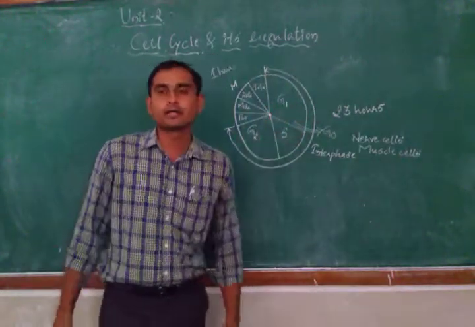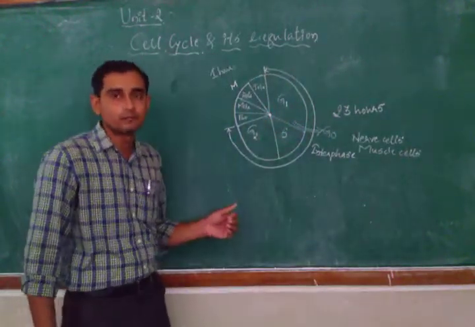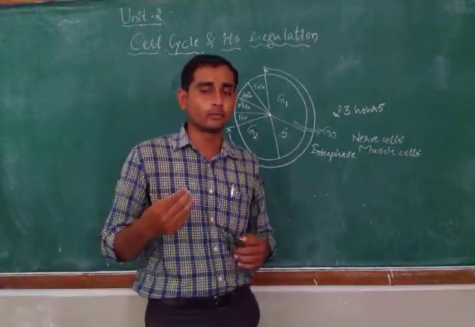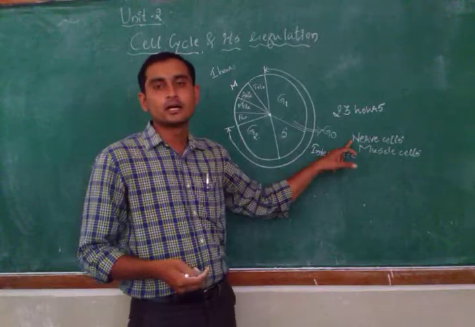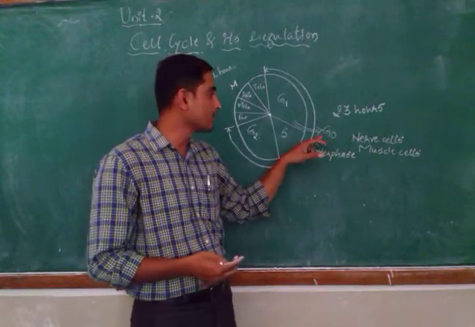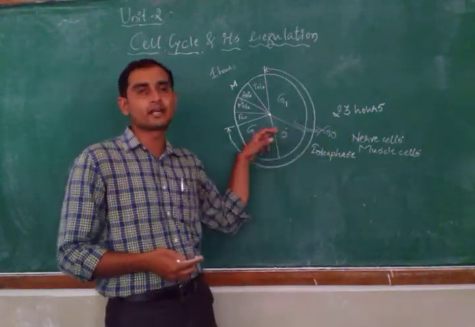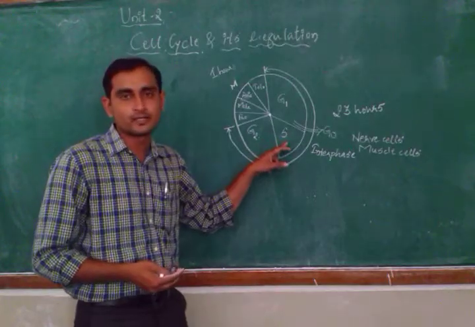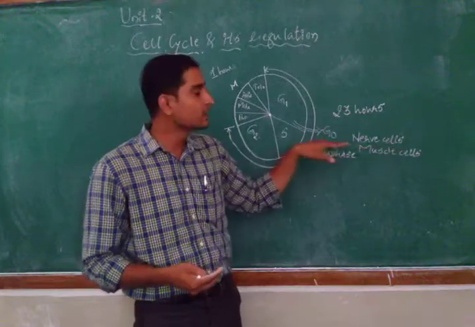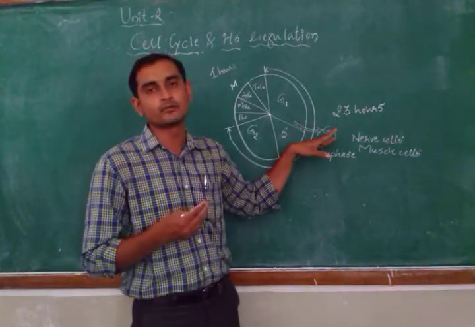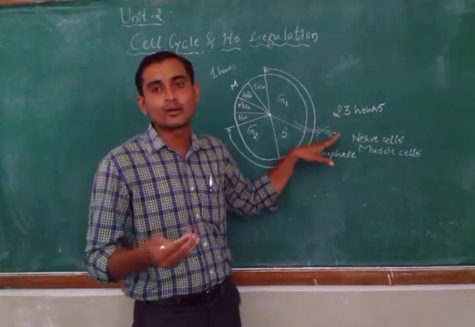Many times we have heard that if there is an injury to the nerve cell, it cannot be repaired or replaced, because the nerve cells are permanently in the G0 phase. They will never come back to the S phase. Hence, cell division in nerve cells is very difficult as they are found permanently in the G0 phase. So nerve cells cannot divide.